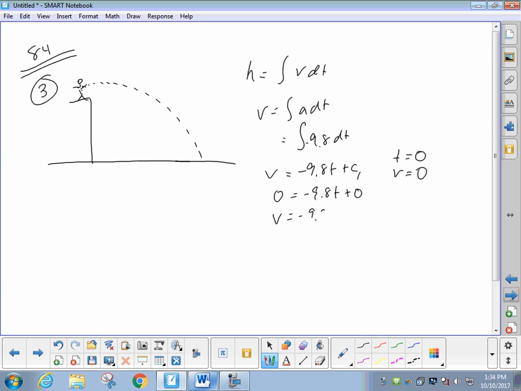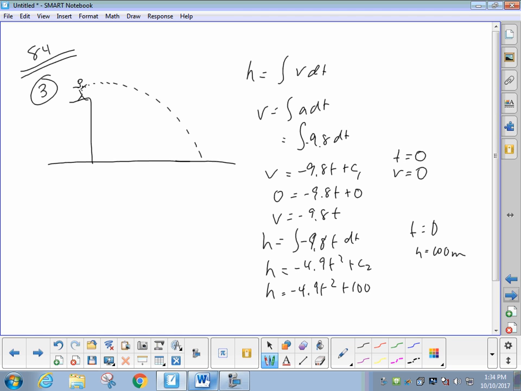The height then is the antiderivative of negative 9.8 t, which is negative 4.9 t squared plus a new constant. And they say at time 0 the height is 100 meters. So that tells you that C2 is 100.